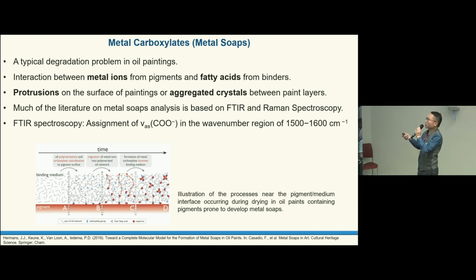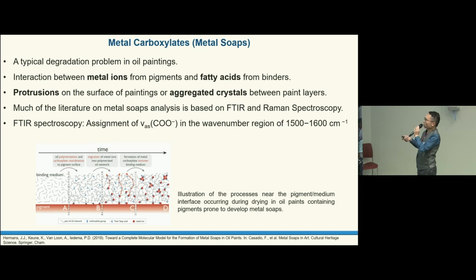And much of the literature on metal soaps relies on FTIR and Raman spectroscopy. In FTIR spectroscopy, we can detect the metal soaps by identifying the carboxylate band in the wave number region between 1500 inverse centimeters and 1600 inverse centimeters.